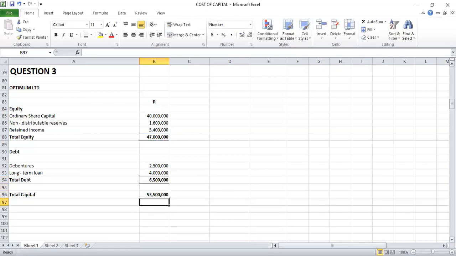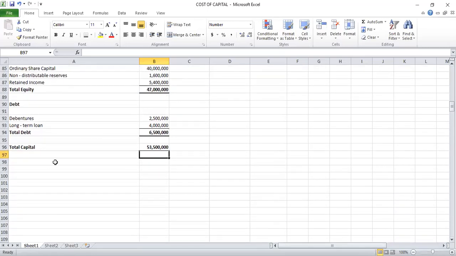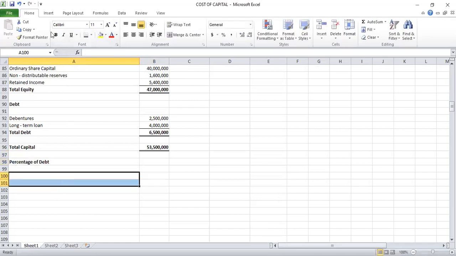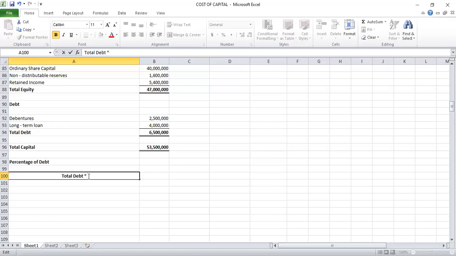Then we find the percentage of debt. That will be equal to total debt multiplied by 100 over total capital.